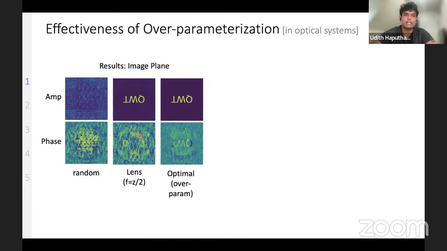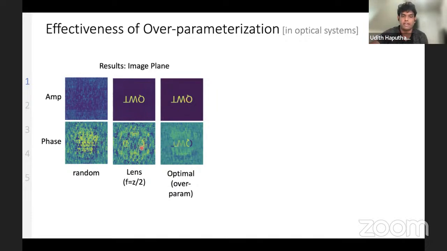The second one is the ideal actual lens with the expected focal length. And the third column is what we got from the optimization, which is our parameterized design. You can see that reconstruction-wise, the learned one clearly learned to reconstruct the flipped version of the input.